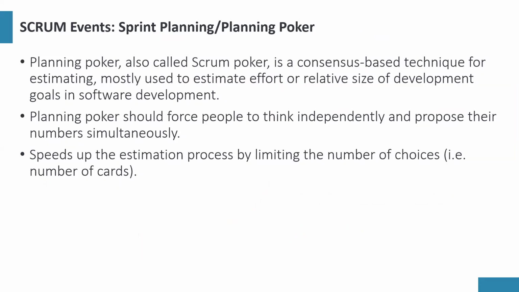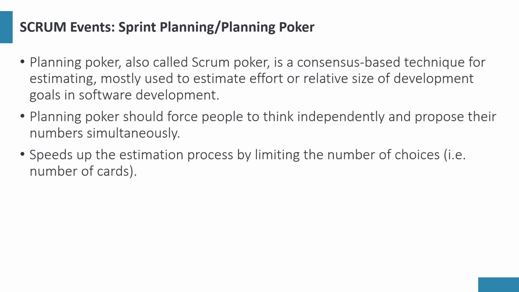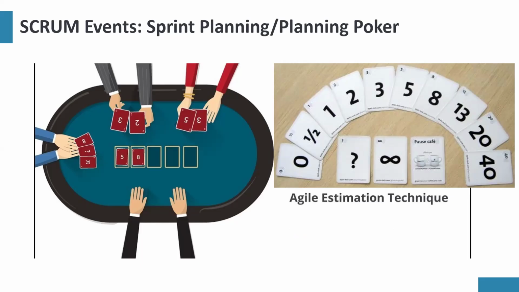So it's a game of cards. And what are they doing? They're estimating the features, how long it will take, or the level of effort it takes to achieve the features. So one more thing is, why do they use story points?